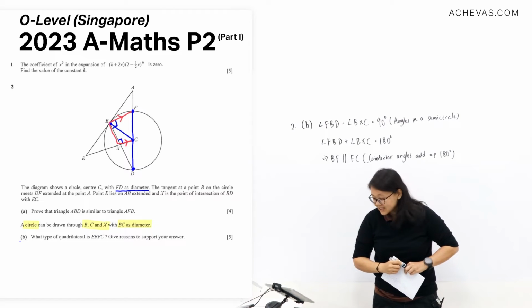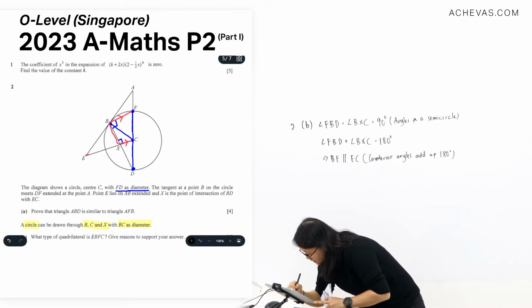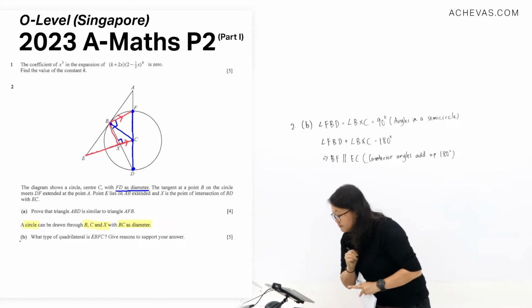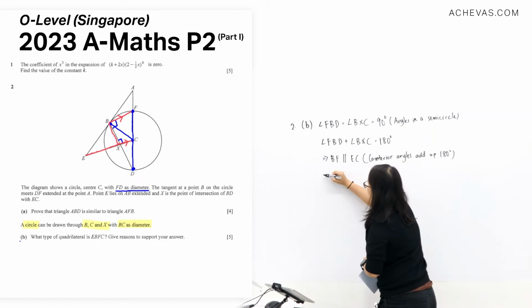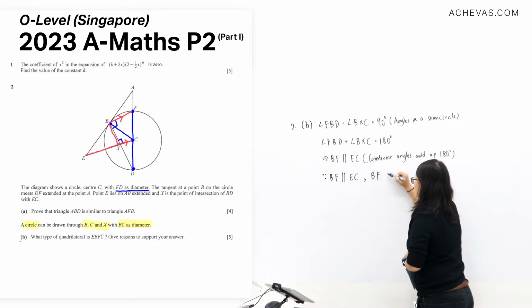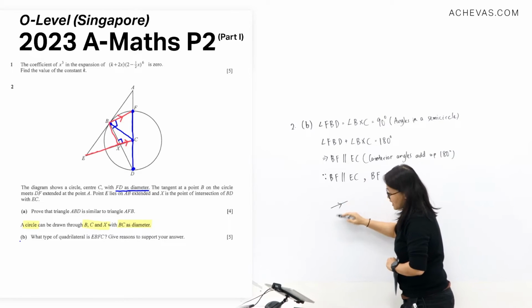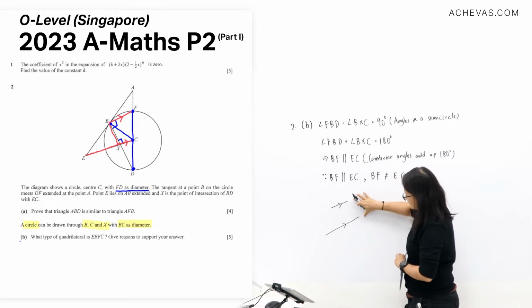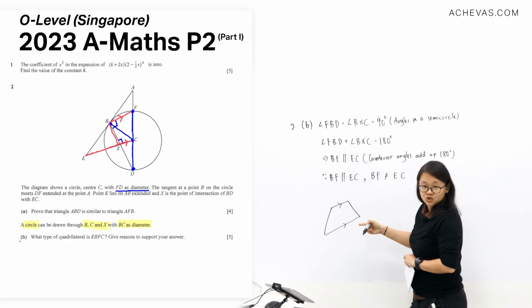Okay, now let's discuss what type of quadrilateral EBFC is. Since we have the parallel lines, I'm going to extend the line here. So this line is parallel, and we need to discuss the length. BF is parallel to EC, but the length of BF is not equal to EC. So we have this shape where this one is parallel to here, and since they are not equal, if I look at it as a quadrilateral, it has to be a trapezium.